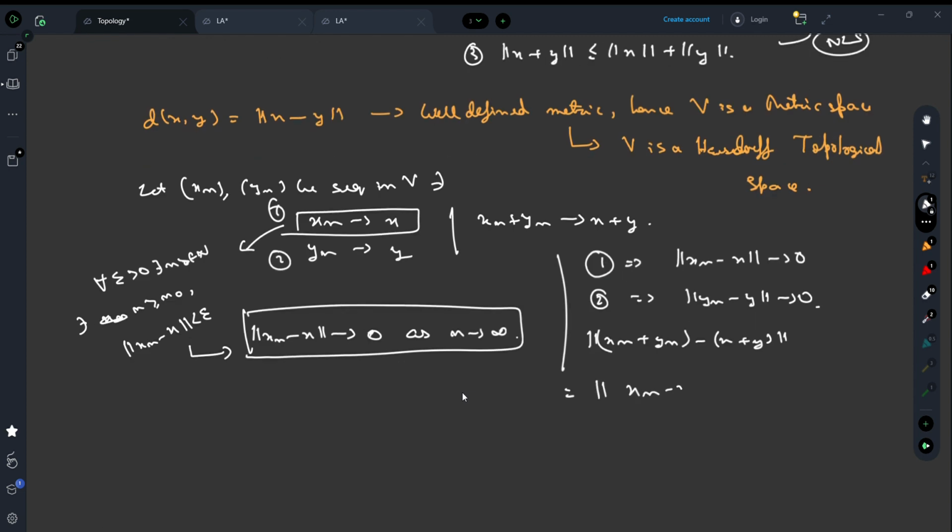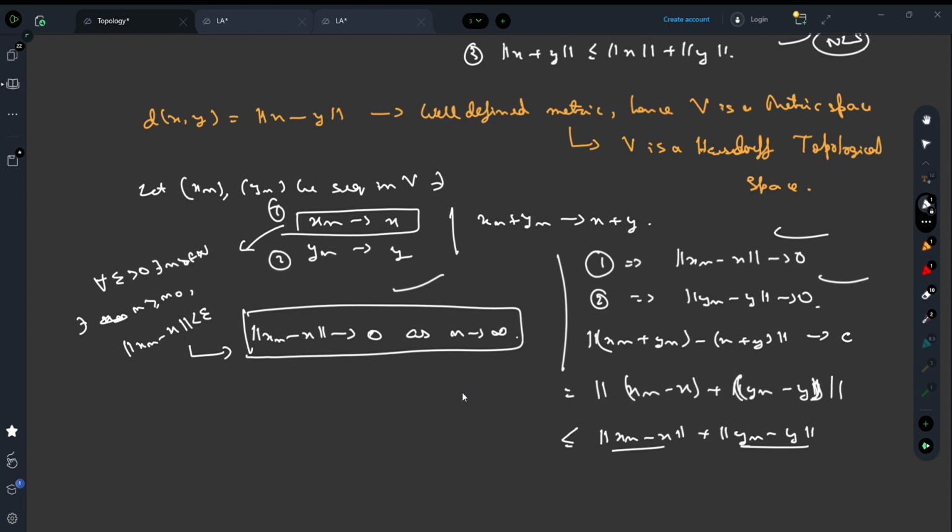That's quite obvious, because we can write this and then use the triangle inequality. So this becomes norm of xn minus x plus norm of yn minus y. This tends to 0, and this tends to 0 from here, and that implies the sum tends to 0. Right, I hope it's clear.